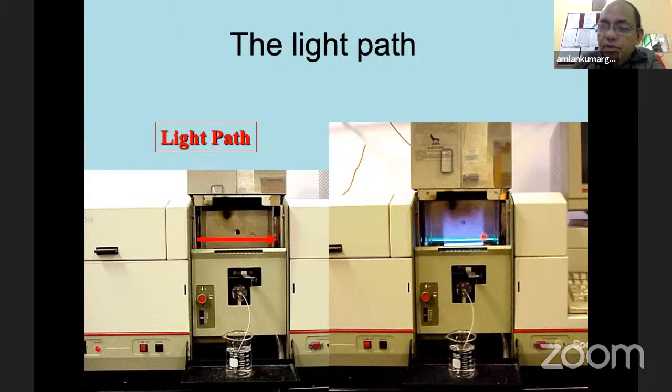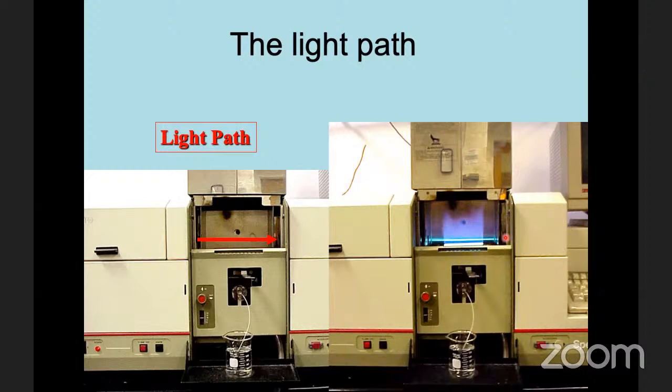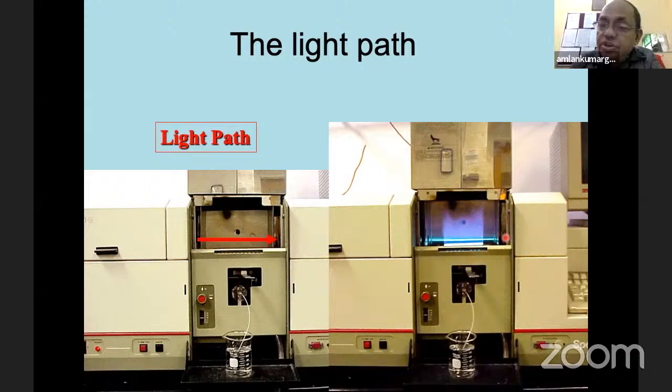While it passes through the flame, these unexcited atoms, that means atoms of iron which are in the ground state, will absorb radiation of specific resonance wavelength of iron.